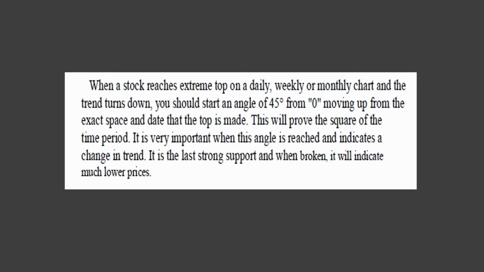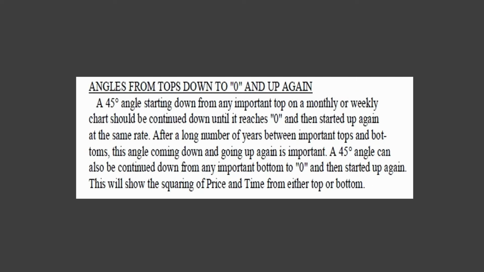And again, the concept is that this will catch other turns that aren't caught using the other methods. Angles from tops down to zero and up again. A 45-degree angle starting down from any important top on a monthly or weekly chart should be continued down until it reaches zero, and then started up again at the same rate.